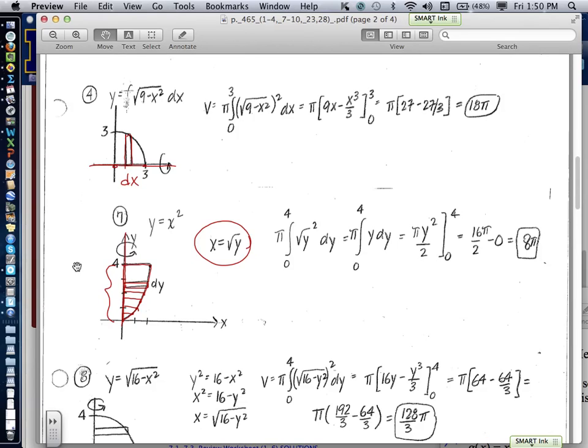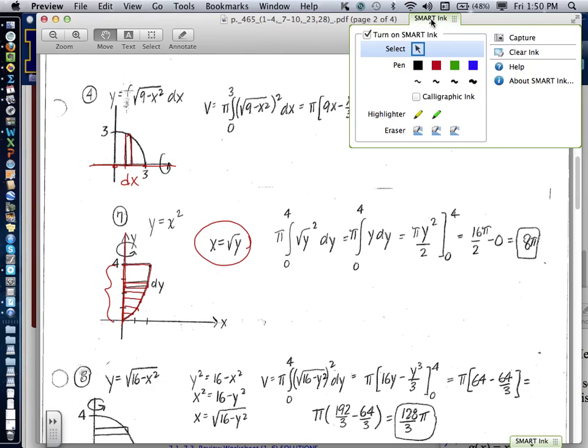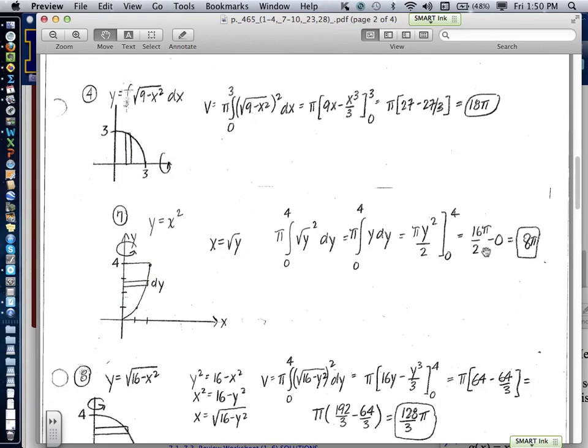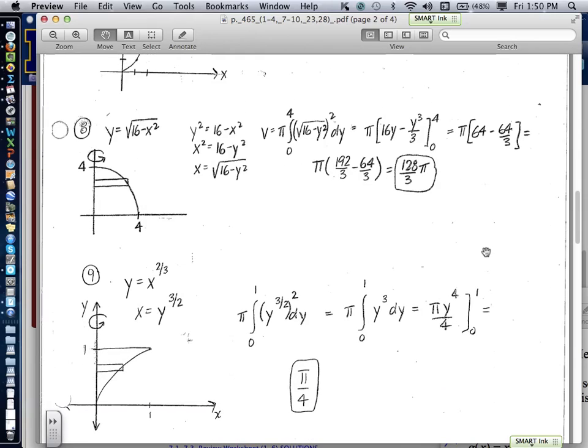Now, someone asked about number 8, did I hear that? You did? Okay. All right, so let's go to number 8. So here's another example, rotating around the y-axis. You've got this graph of the square root of 16 minus x squared. So they gave it to you y as a function of x.